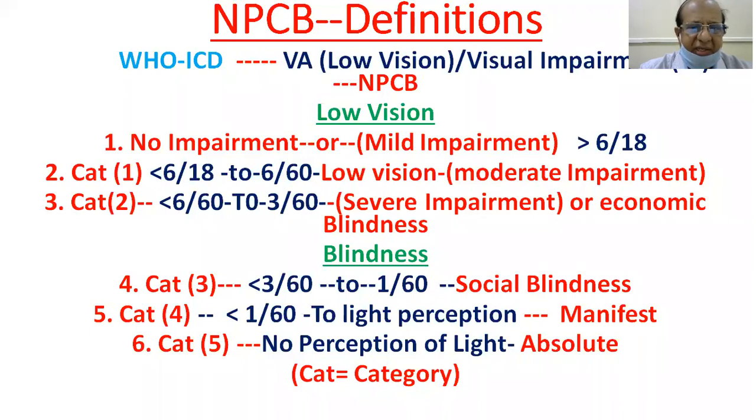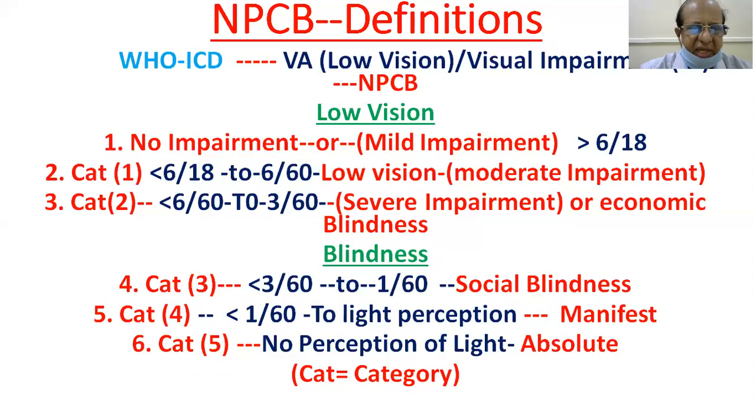Coming to category 3, that is blindness. So above 3 are low vision: no impairment, category 1 and category 2. Whereas blindness consists of category 3, category 4, category 5. In this, less than 3/60 to 1/60 is social blindness. They cannot enjoy or have face-to-face interaction in the family or with friends.